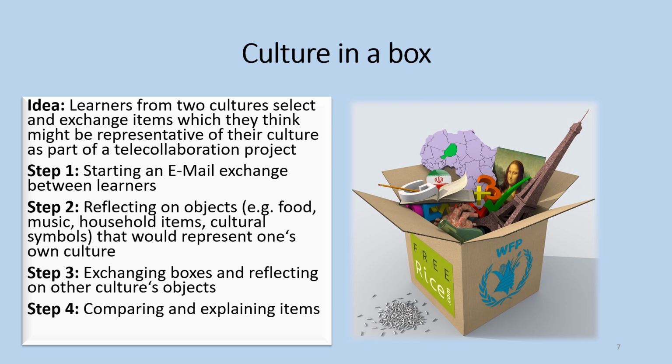Then the boxes are exchanged and each group discusses the items they have received individually, and they try to find out what the objects represent and why they were chosen. During the final stage, each group may ask specific questions concerning the items, and then the items are explained by their partners. It is also possible to compare the items and to try to find out about similarities and differences.